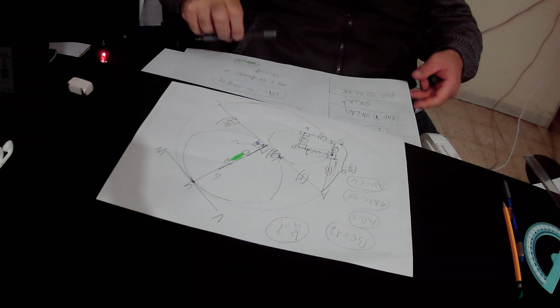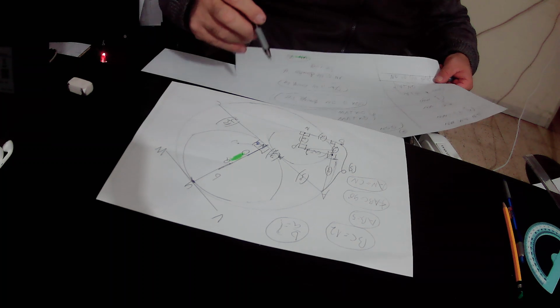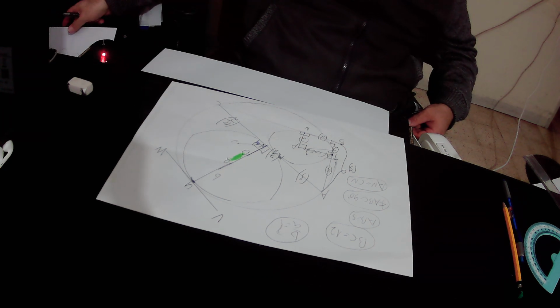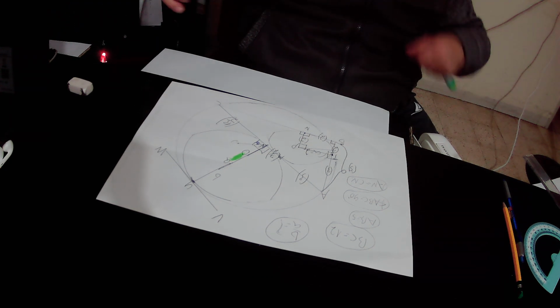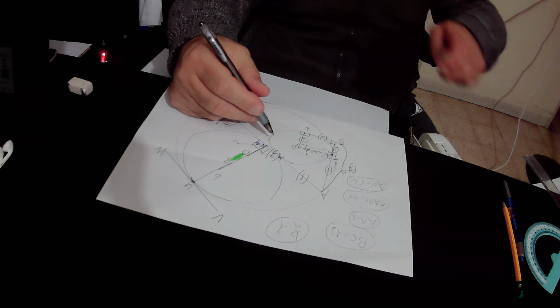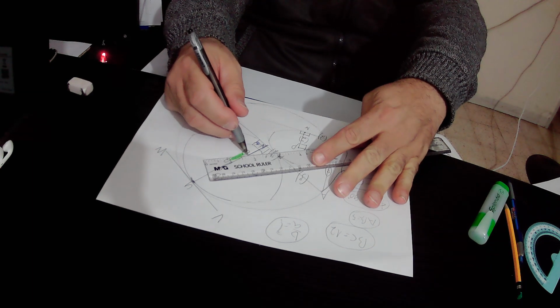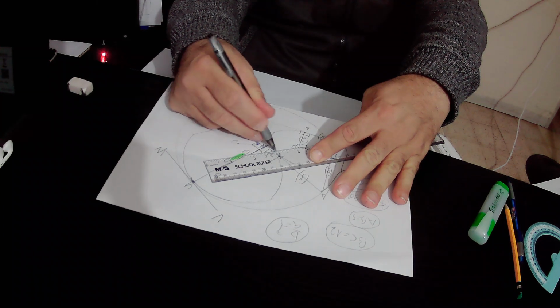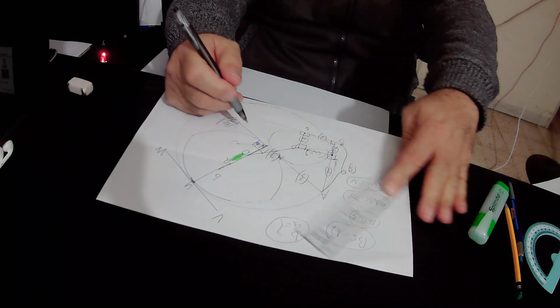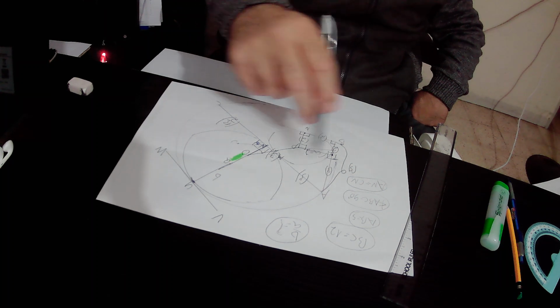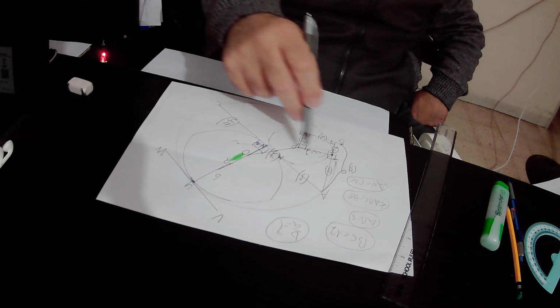Okay, so we found out that UN equals 2b. In the next step, I present to you rule number 9, and we will join points O and P together by a straight line. Point O is the center of the bigger circle. Point P is the center of the smaller circle.